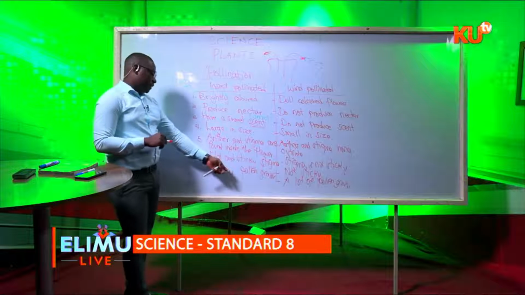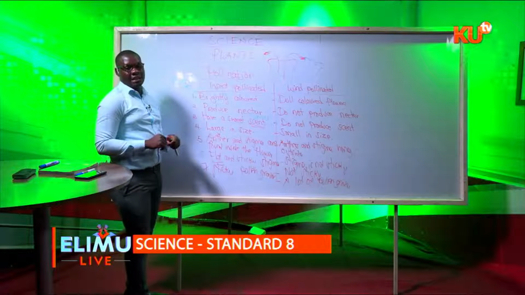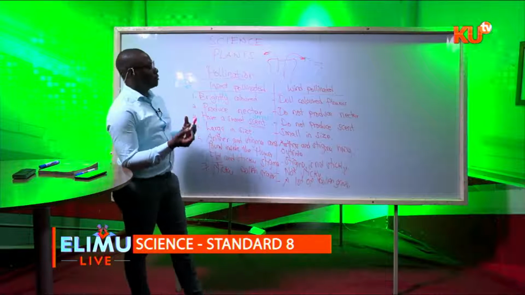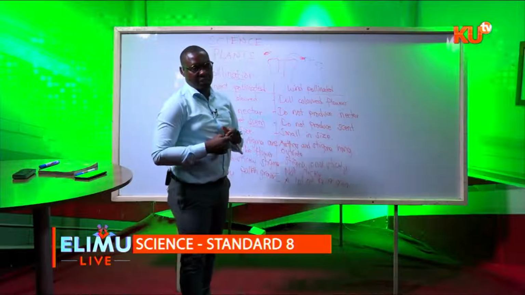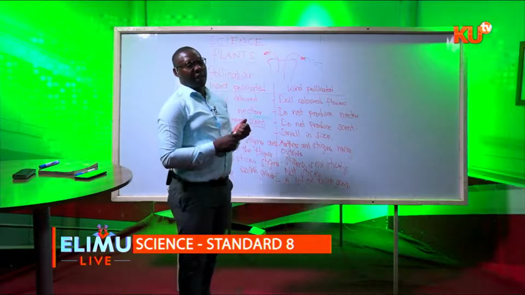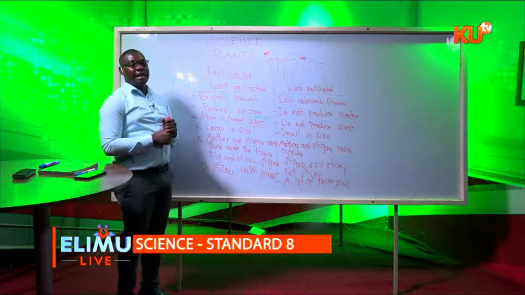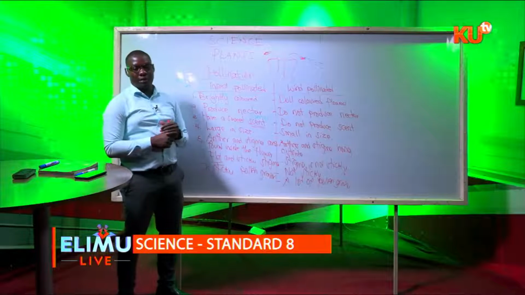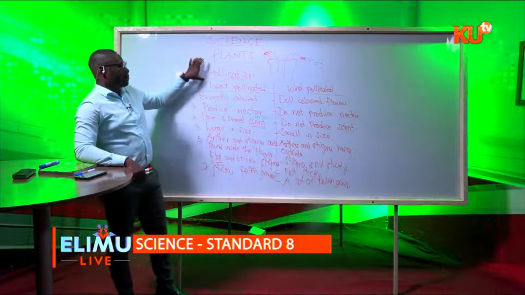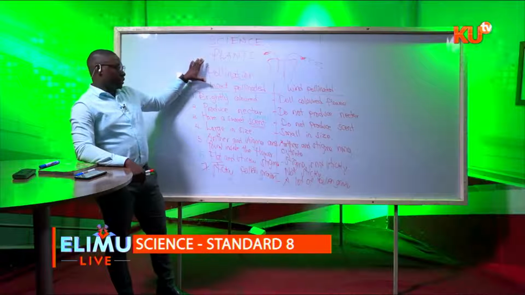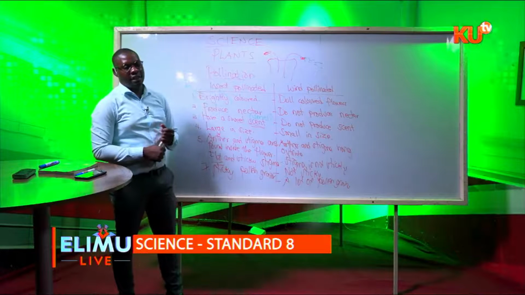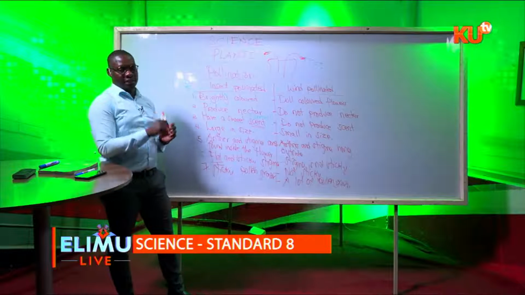Now, the pollen grains in insect-pollinated flowers will not be as many as those in the wind-pollinated flowers. That gives us the characteristics of the insect and the wind-pollinated flowers. I started by defining pollination, which was the movement of pollen grains from the anthers to the stigma.